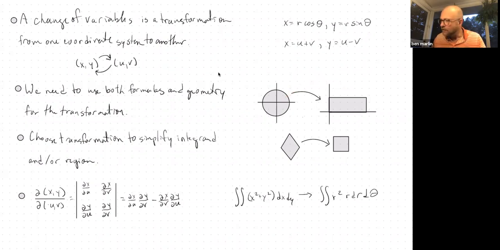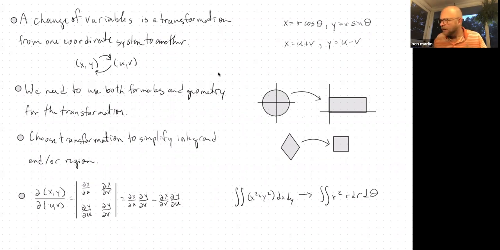Our circle, maybe it's x squared plus y squared equals 1. Well, then that's going to have r equals 0 and r equals 1 on it, and theta equals 0 and theta equals 2 pi. That means a circle is a circular rectangle. That's a weird way to say it, but that's essentially what's going on here.